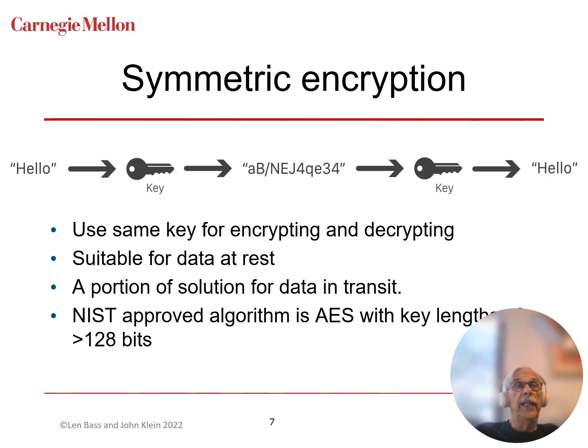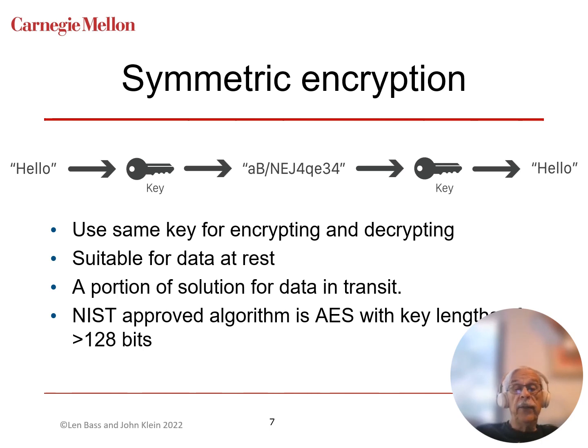If you're storing sensitive data on the disk, you can encrypt it, or you can encrypt a whole bunch of things stored on the disk. It doesn't necessarily have to be sensitive data. Symmetric encryption is also a portion of the solution for data in transit. We'll get to TLS somewhat later in this lecture, but that's what you use to protect data in transit.